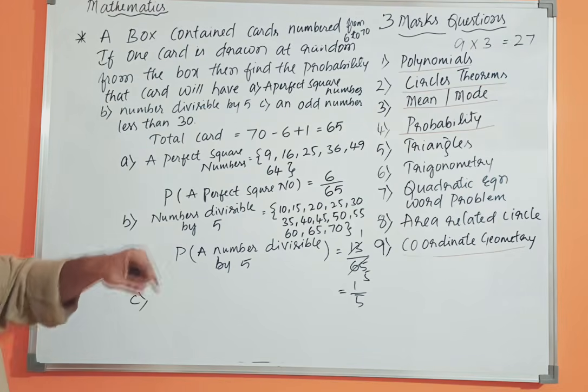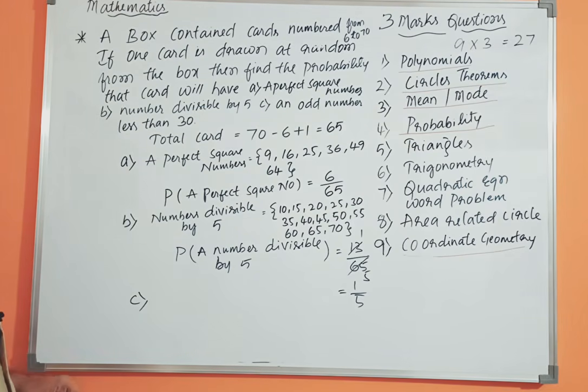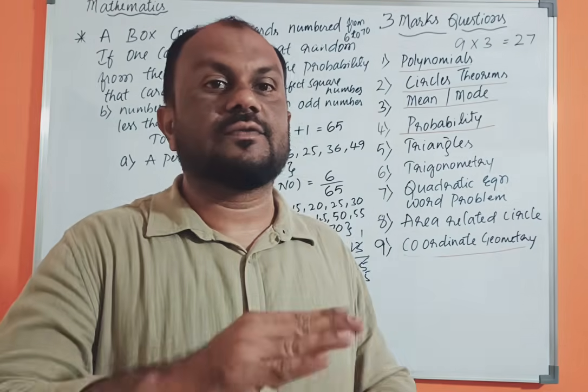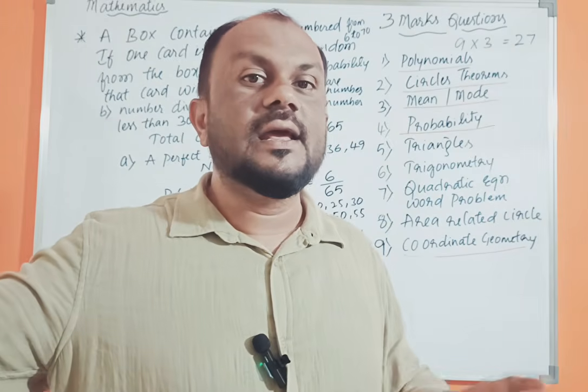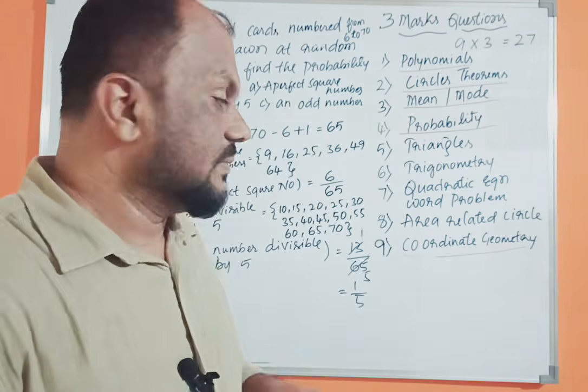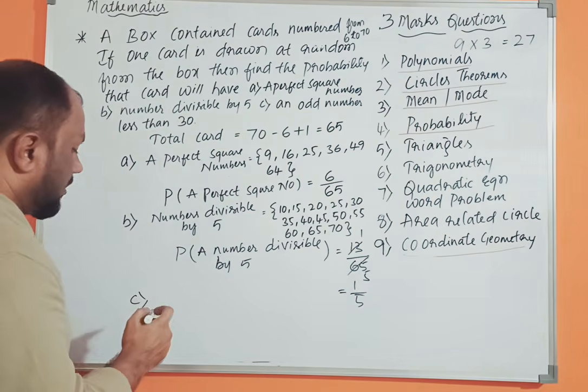An odd number less than 30. Here we have numbers from 6 to 70, but we need to find only the odd numbers less than 30. So let us find those numbers.